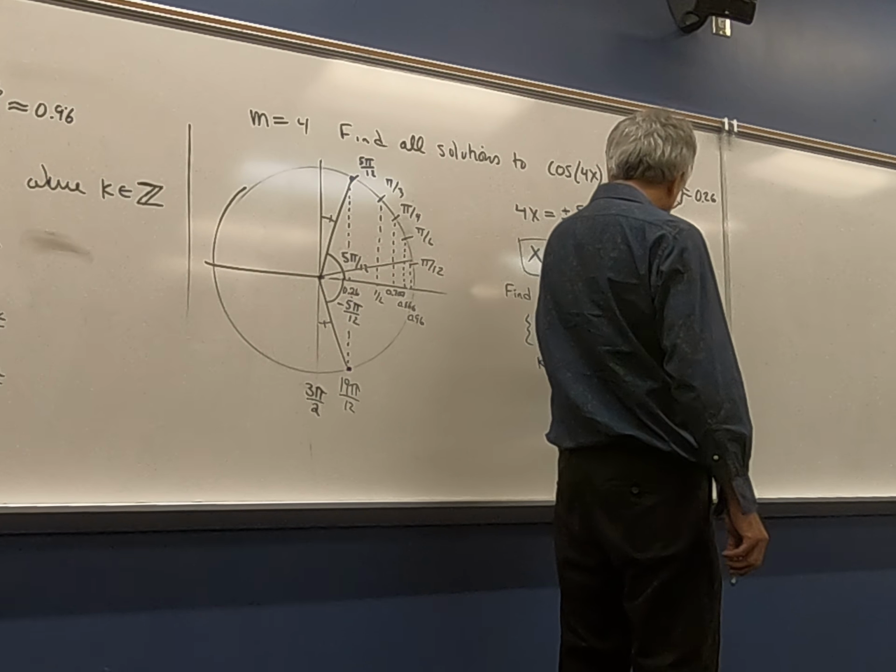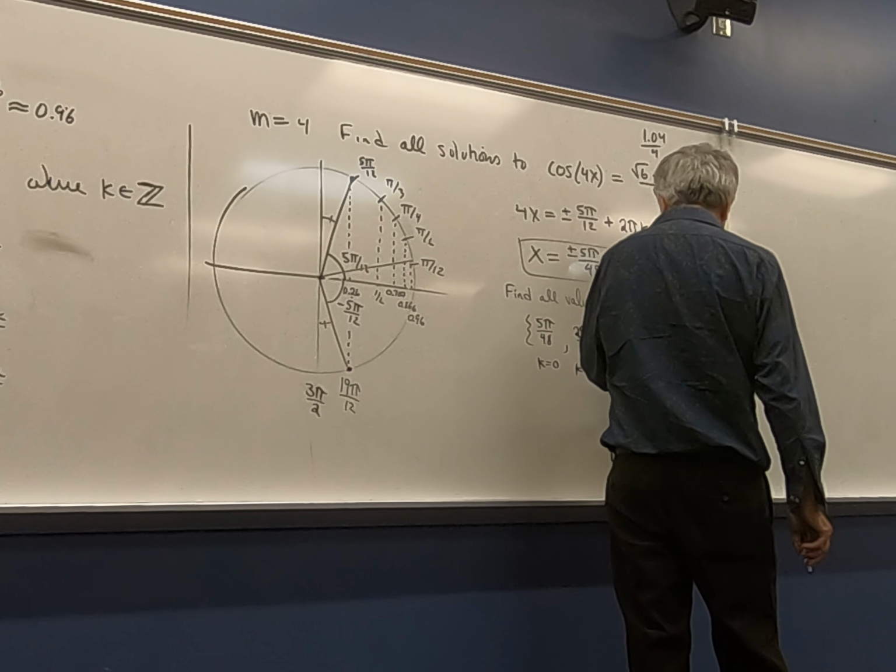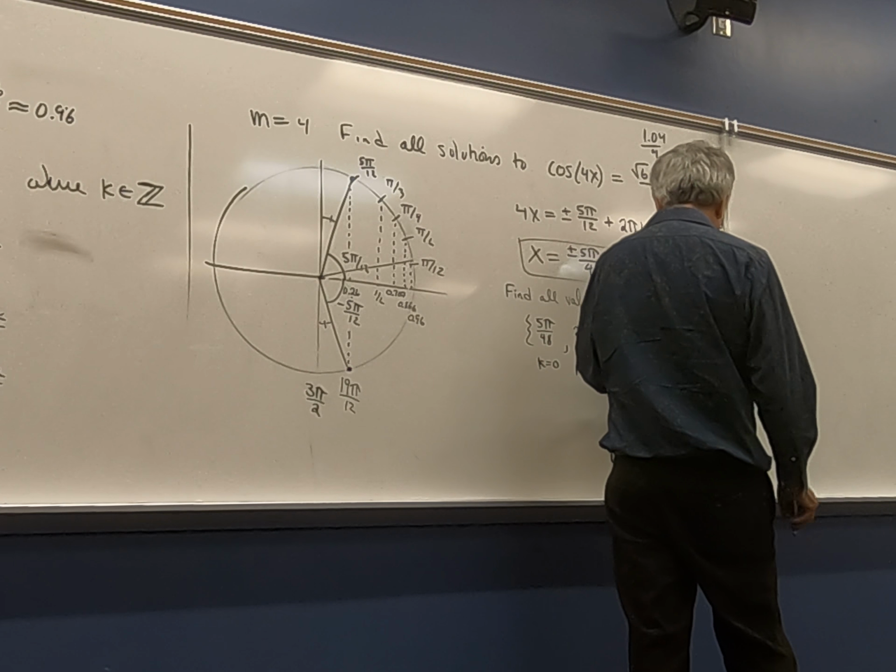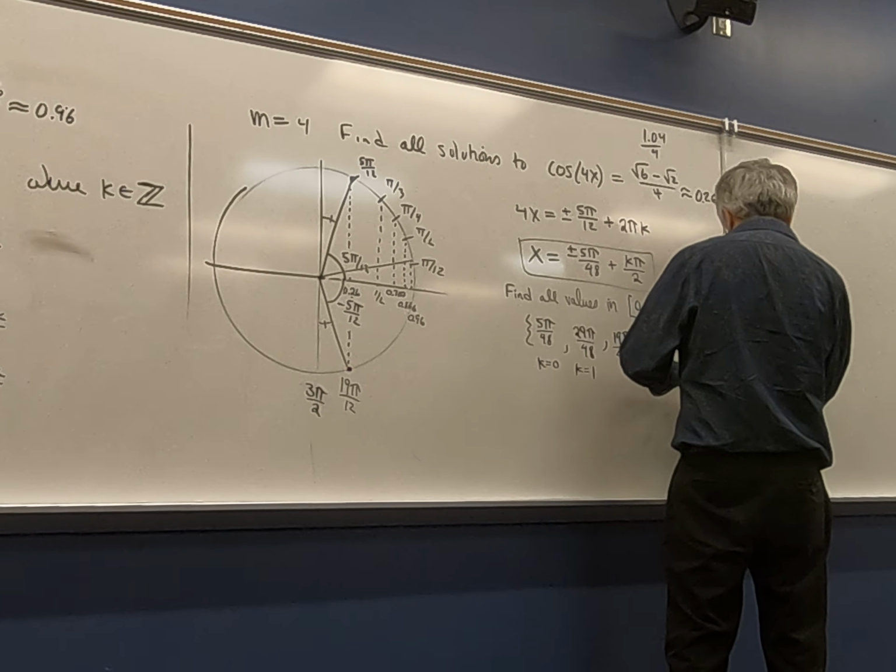So I can just sort of continue on in that fashion. If I add 24 to this, I'm going to get 77, right? 77 pi over 48. And if I add 24 to that, I'm going to get 67 pi over 40. Notice that they're differing by 10 pi over 48, right? So that's another pattern you can see in here.